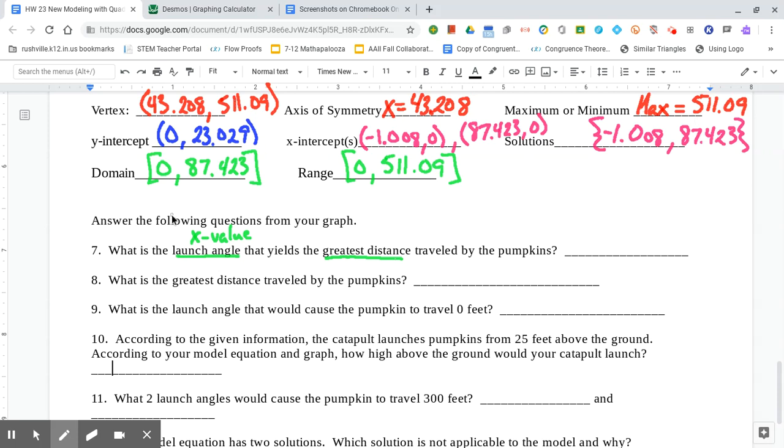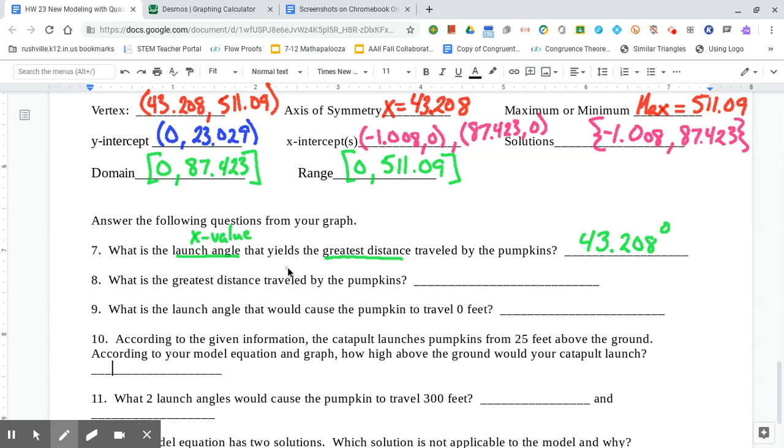So, when we talk about the x value that's going to cause the pumpkin to go the farthest, that is going to be the x value of our vertex. The vertex is where the maximum occurs. So make sure that when you're looking at the vertex, you're giving the correct value here, knowing that our angles are the x values. So an angle of 43.208 degrees is going to cause that pumpkin to go the farthest.